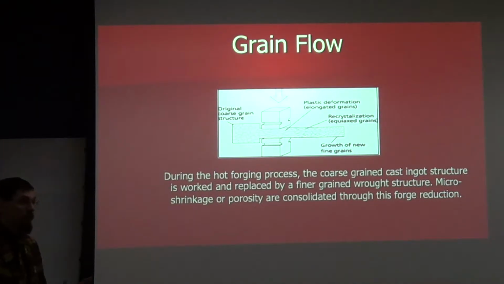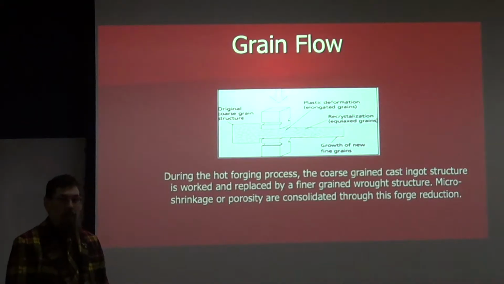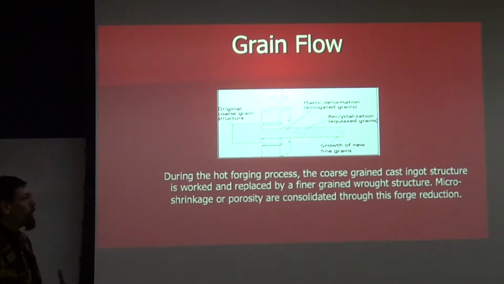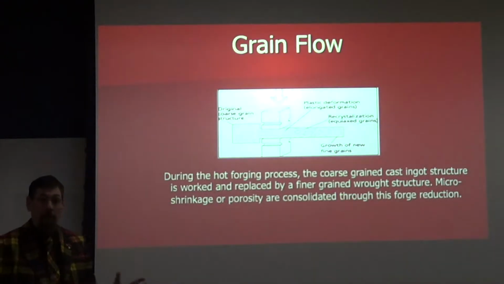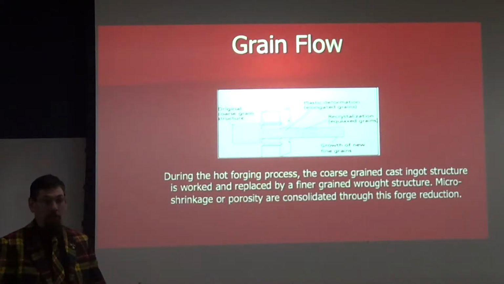So we take that ingot, which has those varying grains, some quite large, and has holes inside of it, and we put it through a deformation process. Now, you could deform an ingot without forging it with a press or a hammer. You could use a rolling application. That's what most steel mills do.